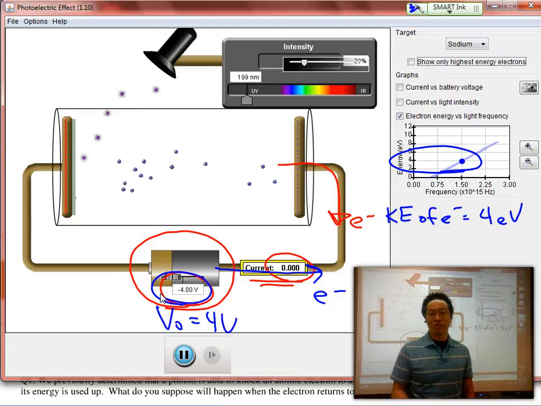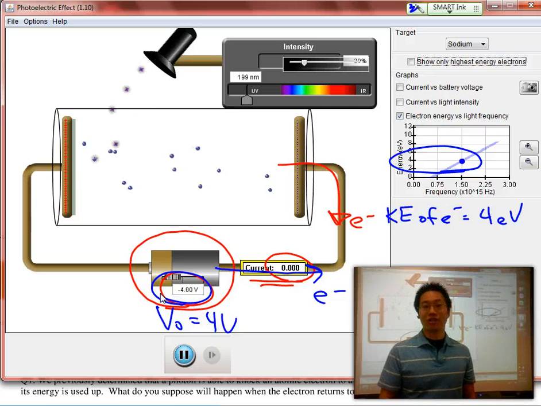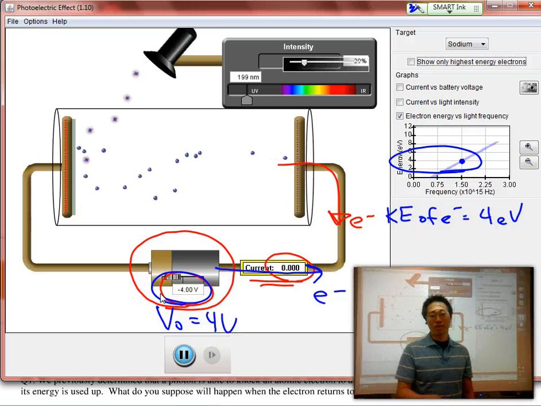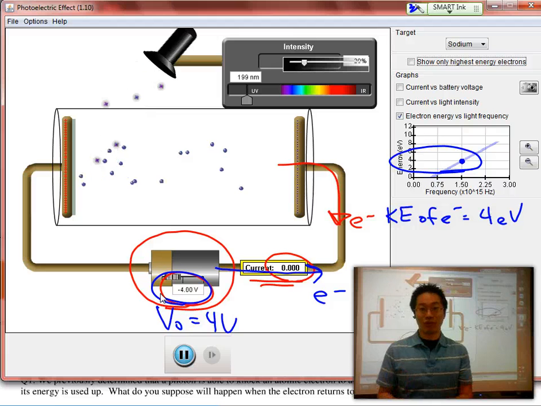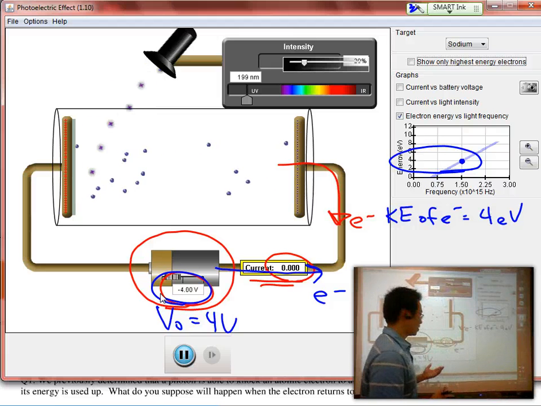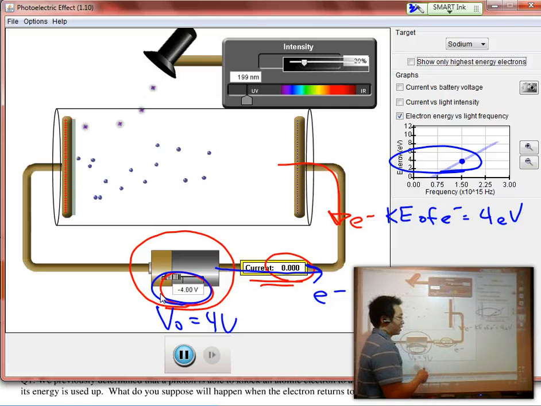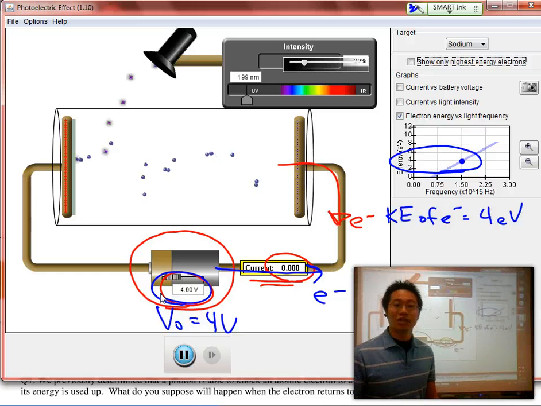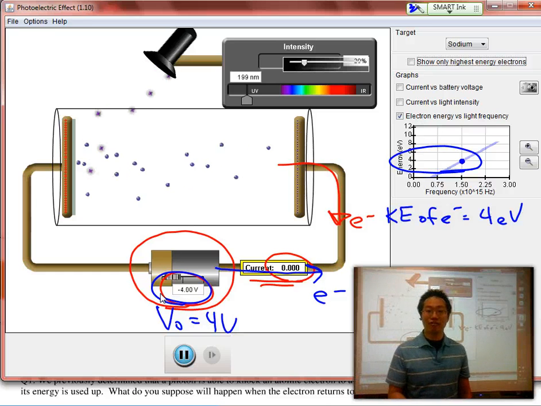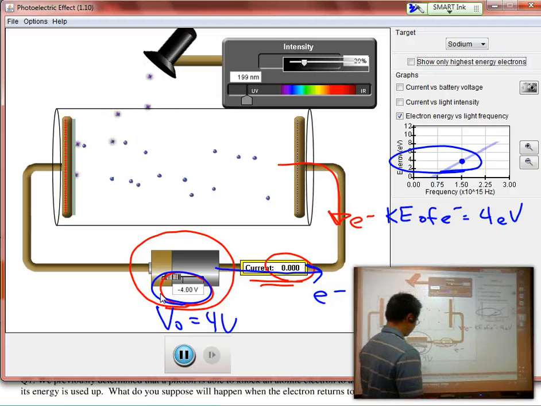Well, remember, when we normally solve for the energy to move an electron, it's Q times V. In other words, if we have 1 electron moving through a certain number of volts, then it ends up being the same amount of energy. So whenever I attach a battery to it, I can solve for how much kinetic energy those electrons actually have by simply measuring the stopping potential.